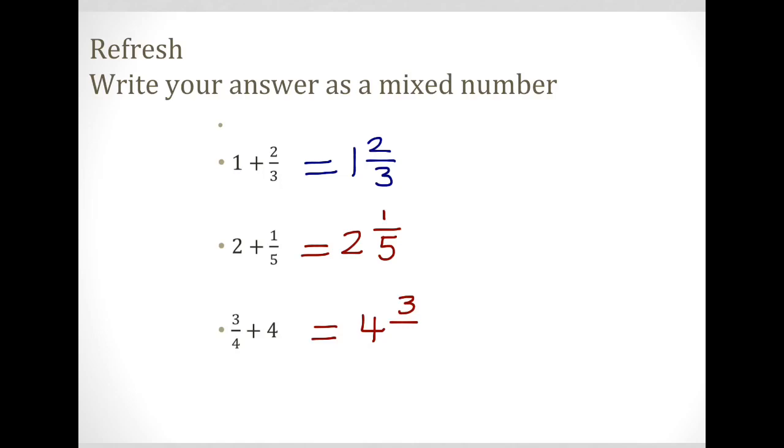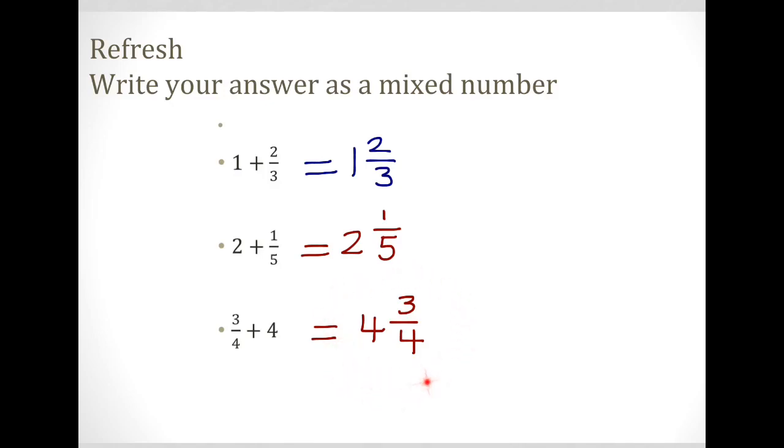I tried to trick you by writing that one the other way round, but we can do a fraction add an integer value, or an integer value add a fraction. Either way a calculation can be written, and it's for us to then make sure that we write it in the correct format.